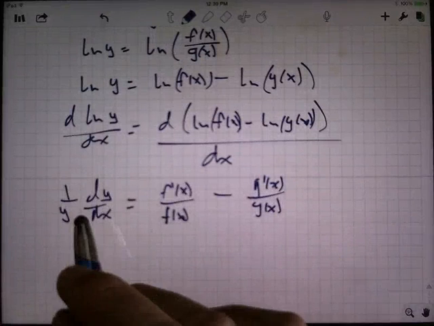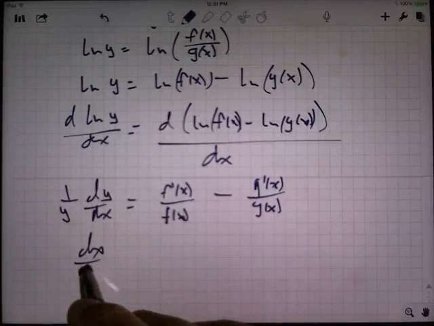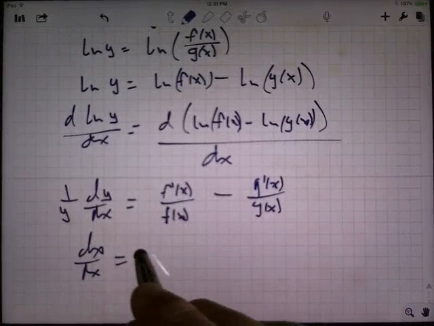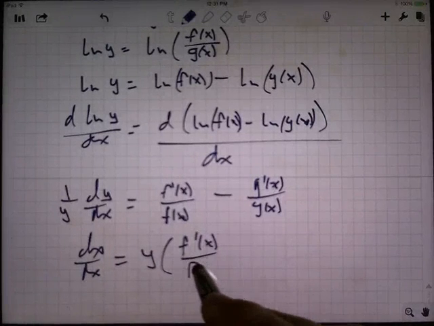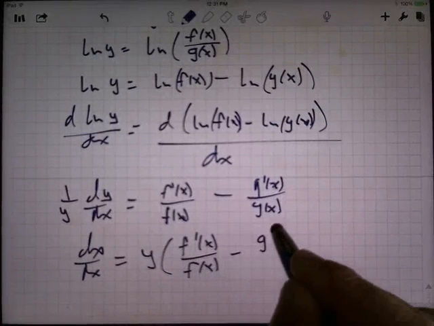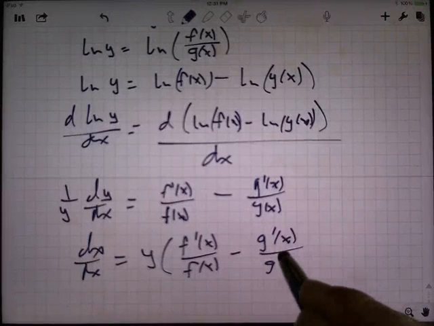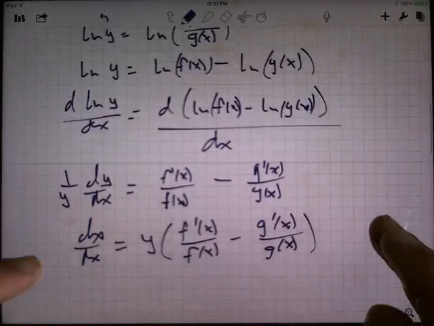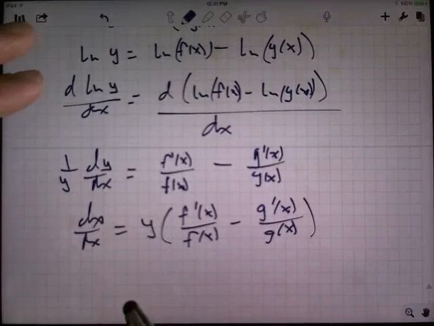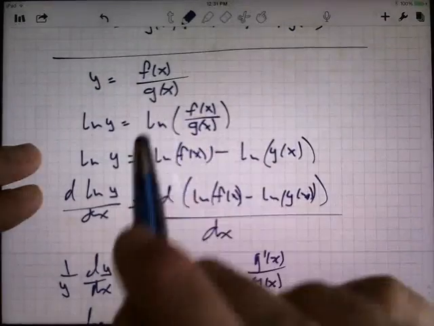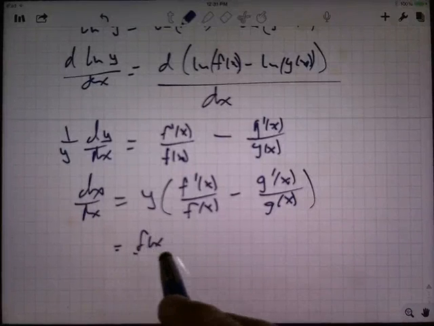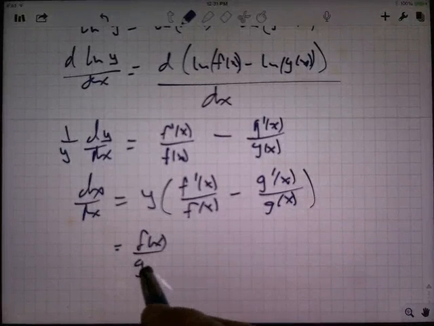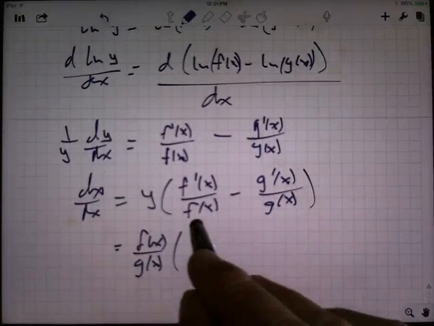Solving for dy dx, multiply both sides by y. So f prime of x over f of x minus g prime of x over g of x. And y, what was y? y was the quotient of f and g, so let's plug that back in here. So I've got f of x divided by g of x times all this stuff.